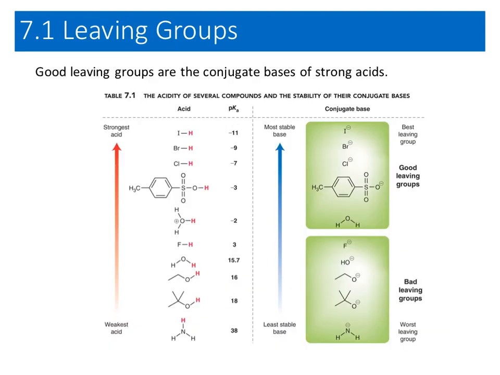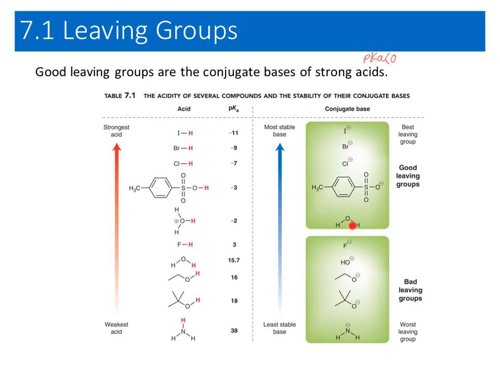reactions. A general rule is that a good leaving group is a conjugate base of a strong acid with pKa less than 0, because they can stabilize the negative charge after leaving the molecule. So the pKa prefers to be less than 0. And here is the table of all leaving groups.